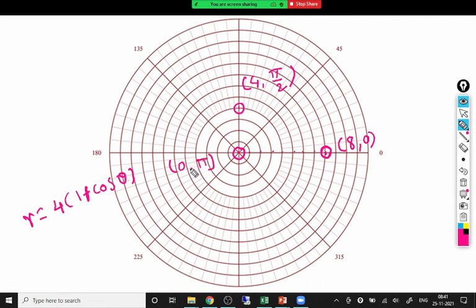And the last, for 3 pi by 2, again 4. Now you'll observe that out of these points, 8 is the maximum magnitude of r, so it is a right hand cardioid and you have to just draw it on the right side. Just draw a cardioid passing through these points.